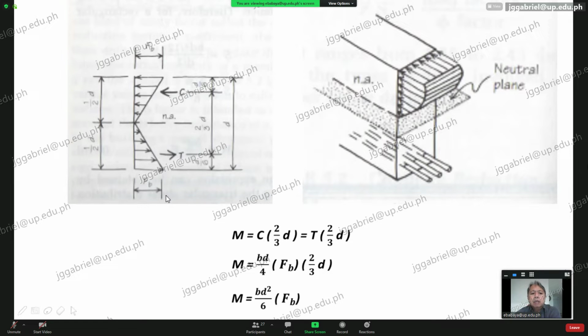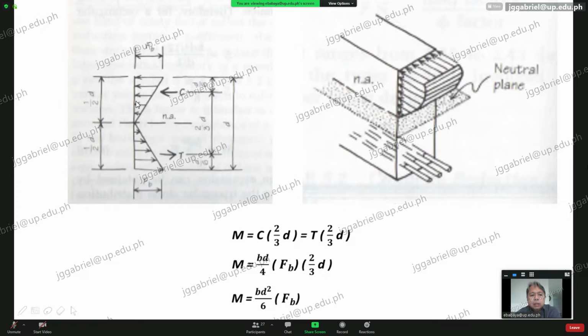If, for example, we're not considering the reinforcements yet, it will be this. Assuming that this is your D, your compression with the equivalent forces of these stresses, this is compression, this is tension, in that direction and this direction. Now, notice that we have a couple here.